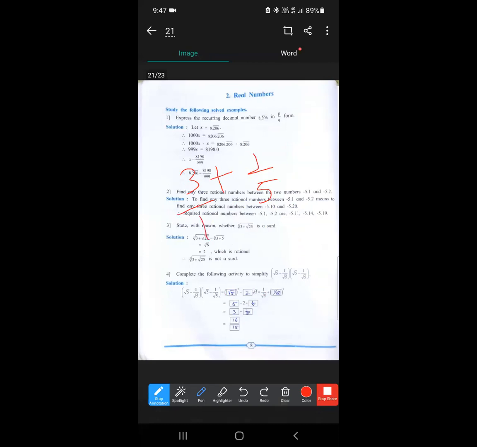Here nothing is there, so cross multiply. 3 fives are 15, plus 1, 16 upon 5. It should be 5 actually. Here the answer will be 16 upon 5. Understood? So the answer is 16 upon 5. It should be 5 instead of 15.